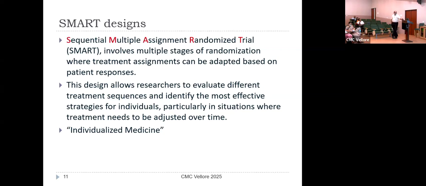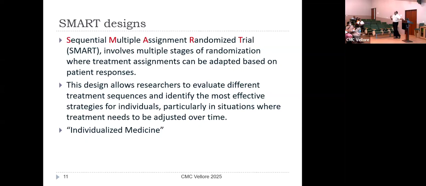It allows researchers to evaluate different treatment sequences. It's almost sort of like a platform, but the platform now is the patient. It's not the infrastructure that we had before when we talked about platform. And I think Ananta mentioned this also, that you can do platform trials, and this is essentially a platform trial in a given person.